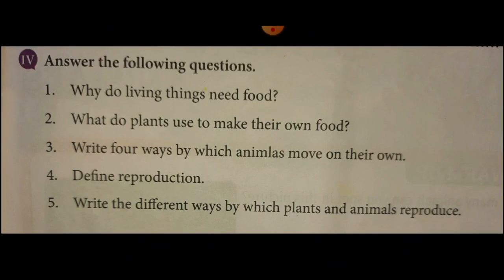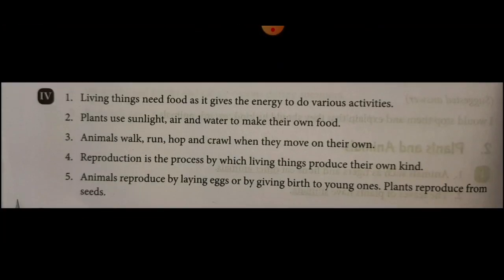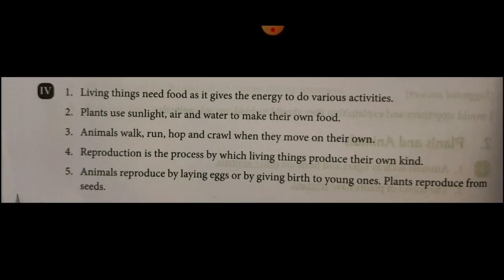Write 4 ways by which animals move on their own. Animals walk, run, hop and crawl when they move on their own. These are the methods of movement in animals.